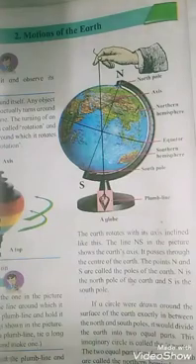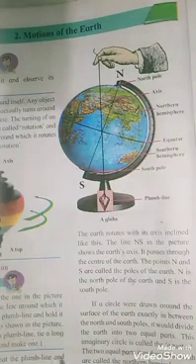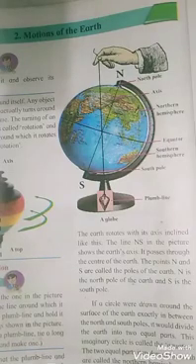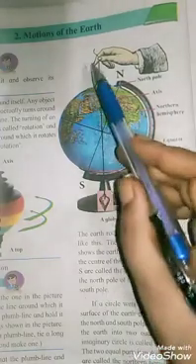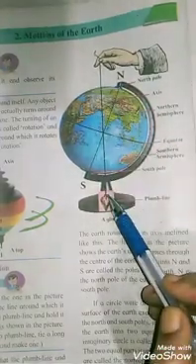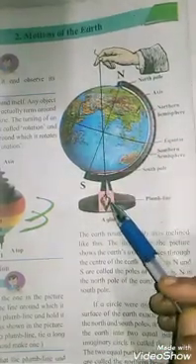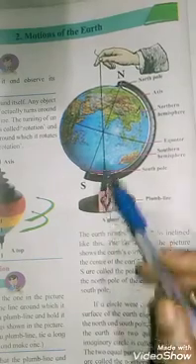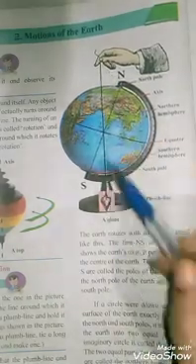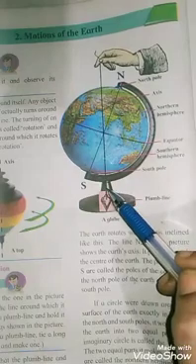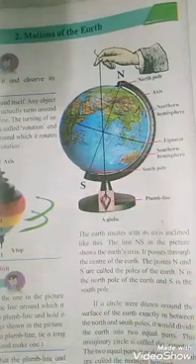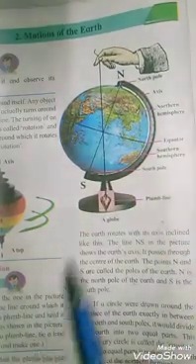You will see that the plumb line and the Earth's axis are at an angle to each other. Here the plumb line. You can use a simple eraser to hang a thread and do this experiment at home. That is, the Earth's axis is inclined.